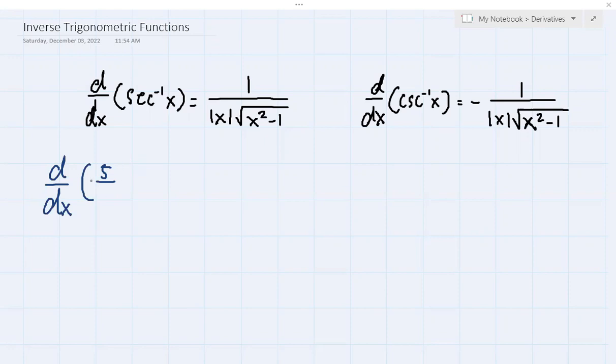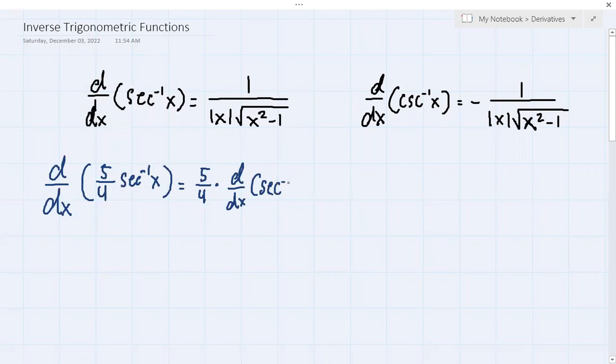Anyways, let's proceed. So, we have the derivative of 5 all over 4 times arc secant. So, we have a constant of 5 all over 4. So, magiging ganito lang siya: 5 all over 4 times the derivative of arc secant. Okay?